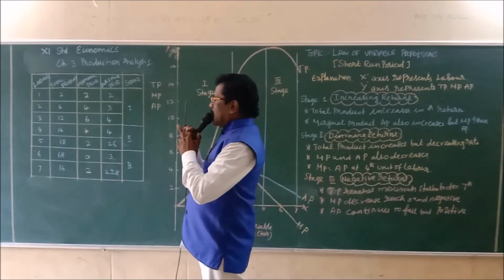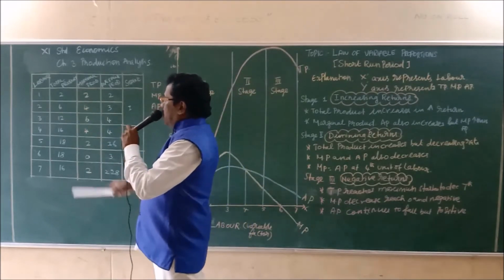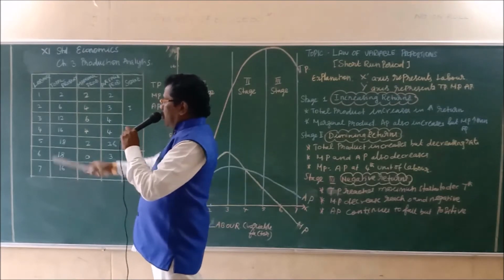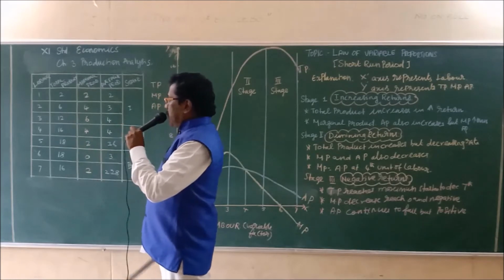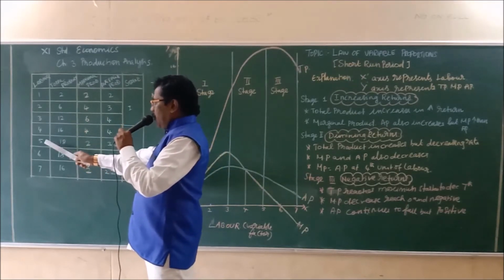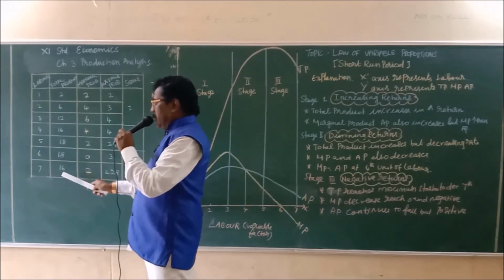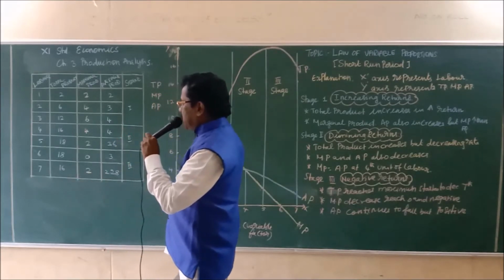If 1 unit of labor, then 2 quintal, for example; if 2 units of labor, then 6 quintal; 3, 12; 4, 16; 5, 18; 6, 18; and 7 units of labor, the total production is 16.